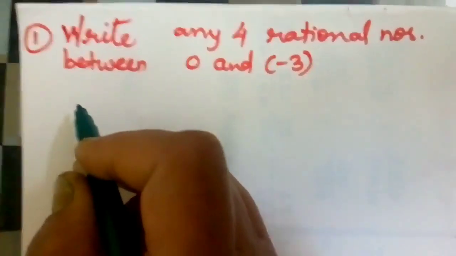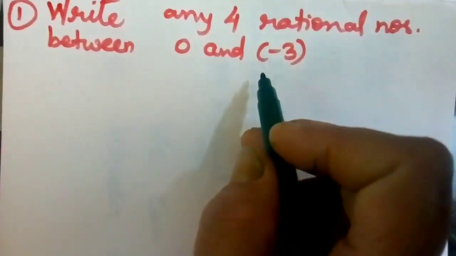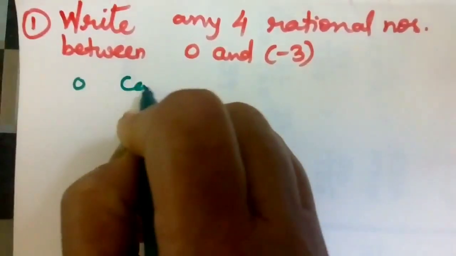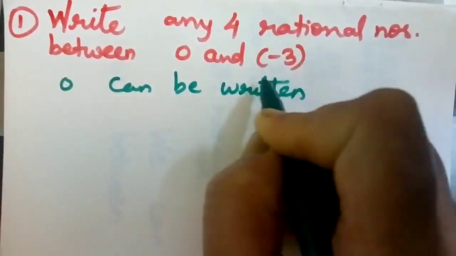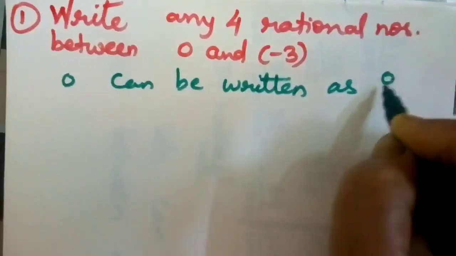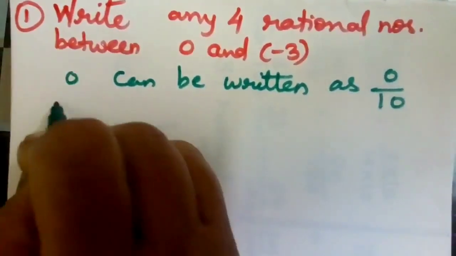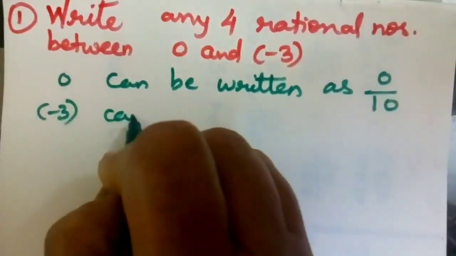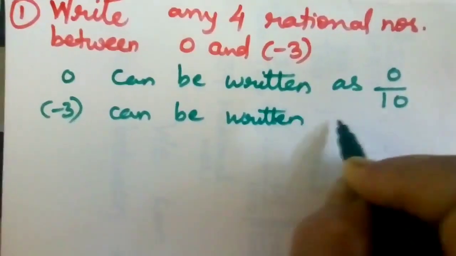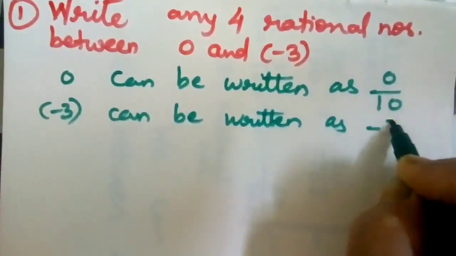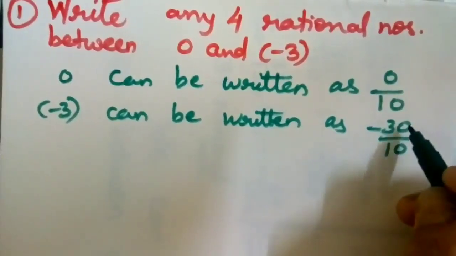Let us see one example. Write any four rational numbers between 0 and -3. Now we can see 0 can be written as 0 upon 10, multiplying by 10 up and down. Now -3 can be written as -30 upon 10. Here also 10 is multiplied in denominator and numerator.